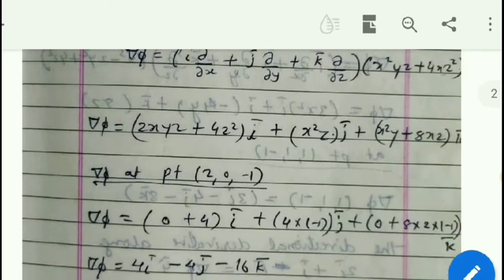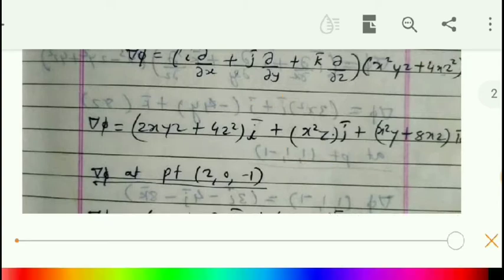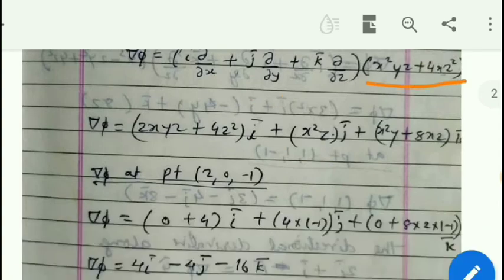The partial derivative with respect to x is 2xyz plus 4z square into i, plus derivative with respect to y is x square z into j, plus derivative with respect to z is x square y plus 8xz into k bar.